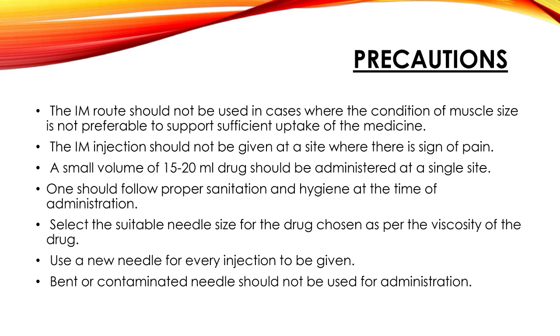The intramuscular injection should not be given at a site where there is a sign of pain. A small volume of 15 to 20 ml of drug should be administered at a single site, not more than that. One should follow proper sanitation and hygiene at the time of administration of drugs. Select the suitable needle size for the drug chosen as per the viscosity of the drug.